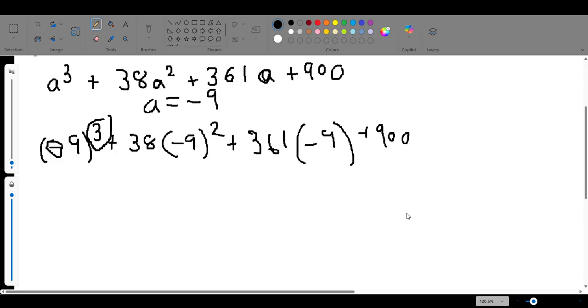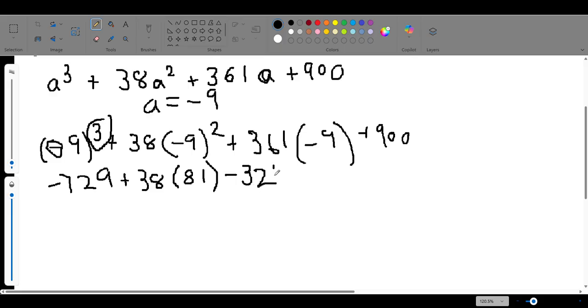So instead of having to put all those symbols, I can just do 9 times 9 times 9, 729, and we know it's negative, so it would be negative 729 plus 38 times -9 times -9, which gives you 81, since both negatives become a positive, plus 361 times 9, negative 3,249, plus 900.